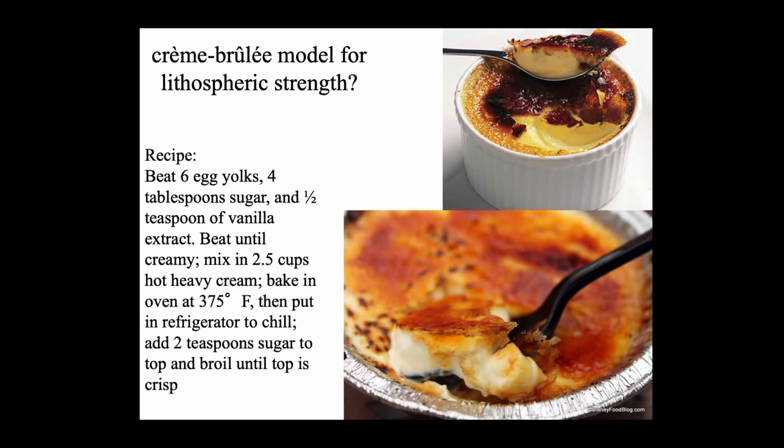Well, you beat 6 egg yolks, 4 tablespoons of sugar, and half a teaspoon of vanilla extract until creamy, mix in 2.5 cups of hot heavy cream, bake in the oven at 375 Fahrenheit, then chill in the refrigerator, add 2 teaspoons of sugar to the top and broil until the top is crisp. Now that crisp upper top is clearly following Byerlee's law, whereas the material underneath it is following the constitutive equation.